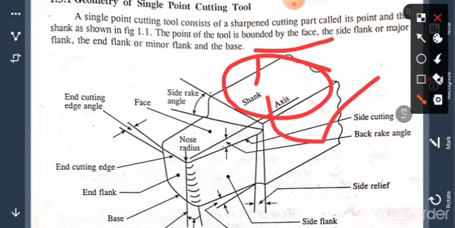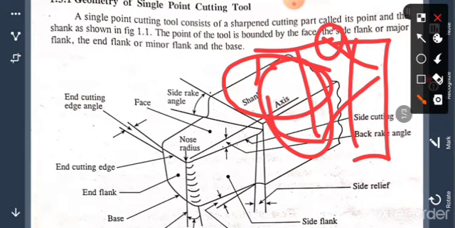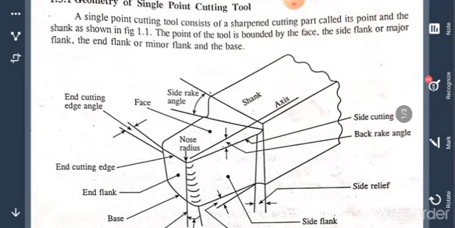The tool holder will hold this, and it is kept in the tool post. A bolt and nut arrangement will be there, so it is held in the tool post. Like this, the shank is useful for holding the single point cutting tool.